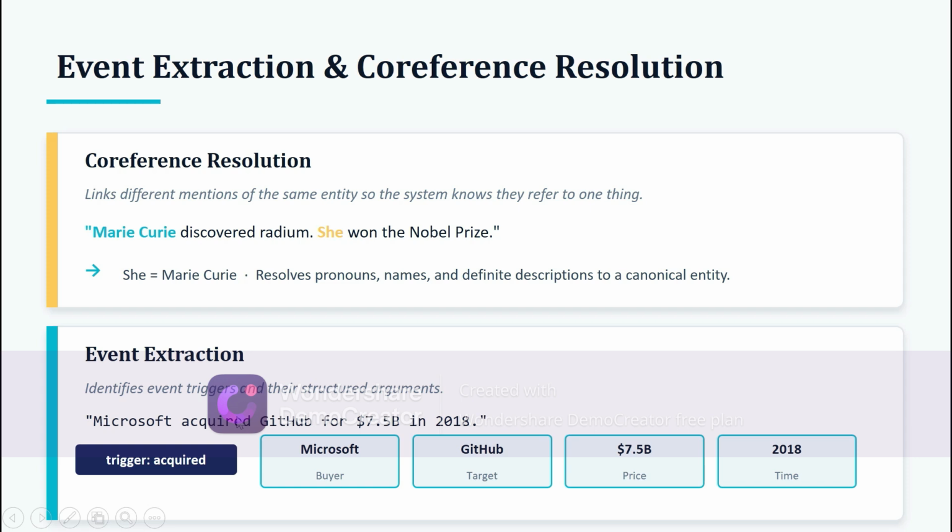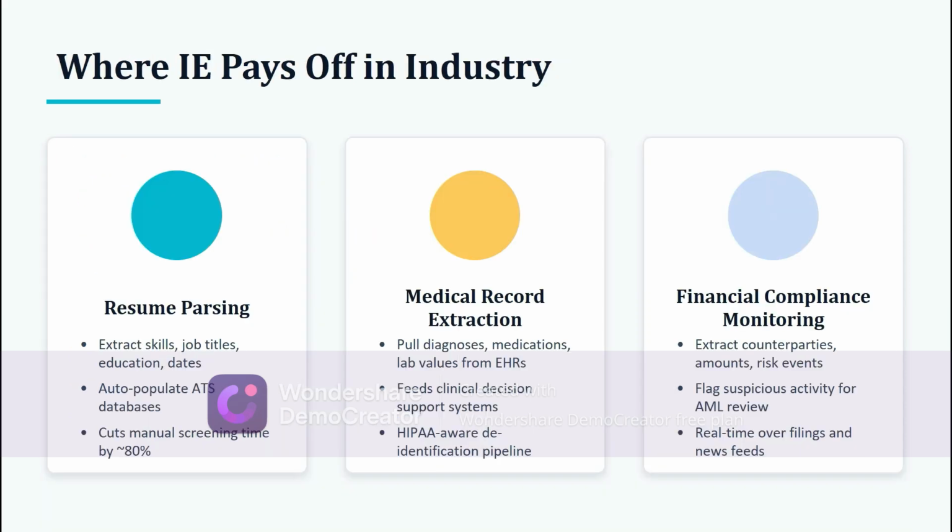In Microsoft acquired GitHub for 7.5 billion in 2018, the trigger is acquired, and the arguments are Microsoft as the buyer, GitHub as the target, 7.5 billion as the price, and 2018 as the time. Together, coreference and event extraction let us build genuinely rich, queryable knowledge representations.